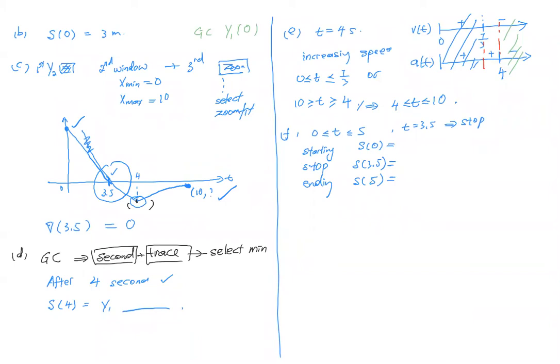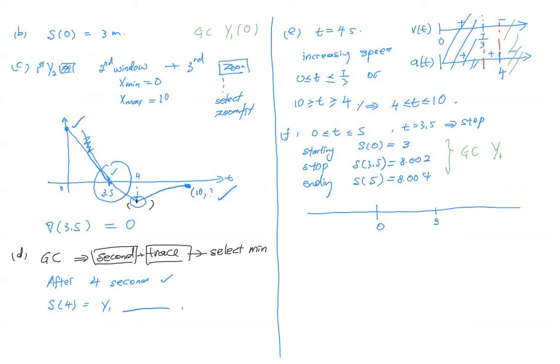Okay, so you got 3 here and 8.002 here. Do you know how to get all these answers straight away? Go back to your GC. Use your Y1. You get me? Yes, miss. Okay. And this is 8.004. So you see the particle go in this way. Start from 3.